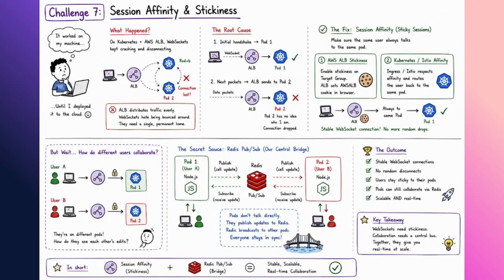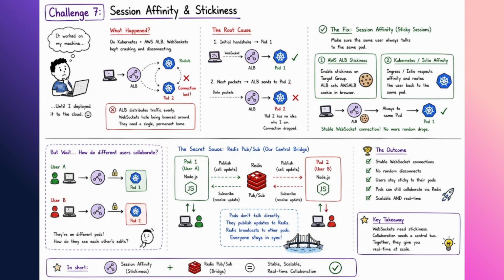So my load balancer would send my initial WebSocket handshake to port number 1, but seconds later it would try to route my data packet to port number 2, or instance number 2. Now instance number 2 had no idea who I was, so it dropped the connection. WebSockets had been bounced around. They need a permanent logged in connection to a single server.